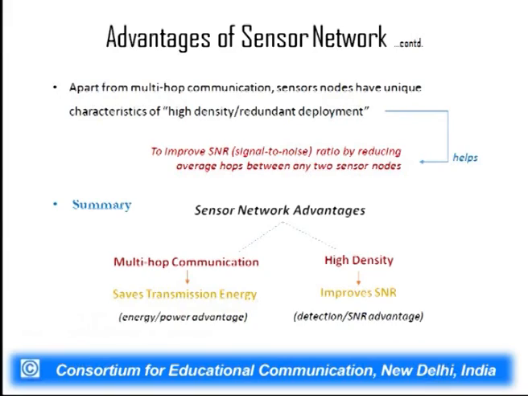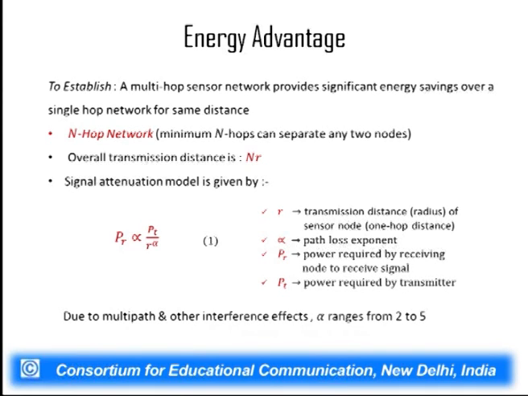One is known as the energy or power advantage, and the other, which improves the SNR, is connected completely to the coverage part, so we call it a detection advantage or SNR advantage.